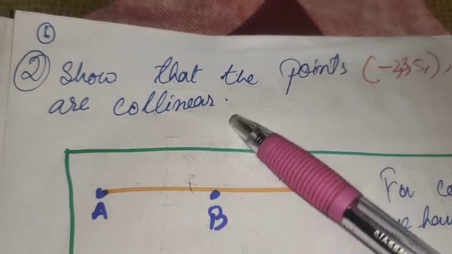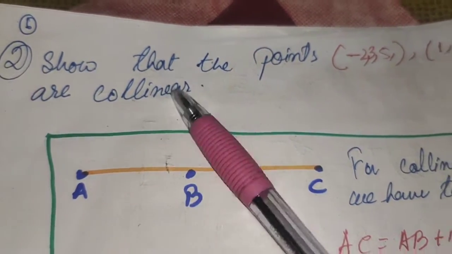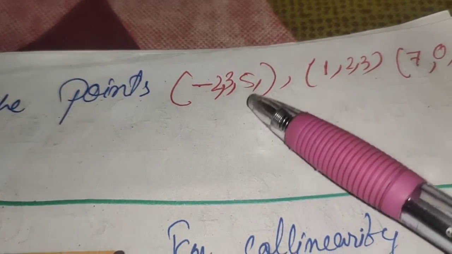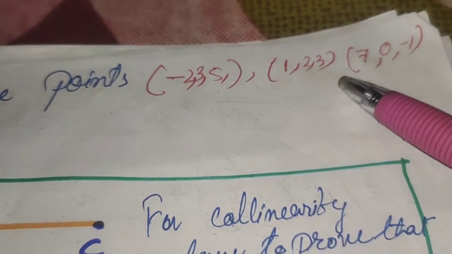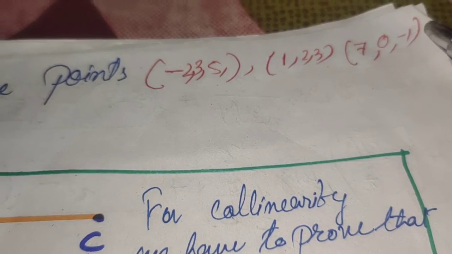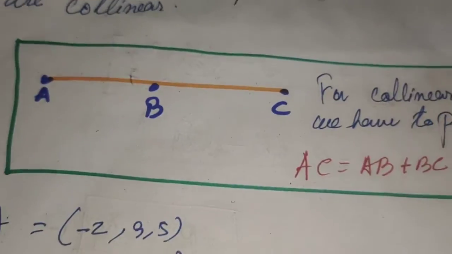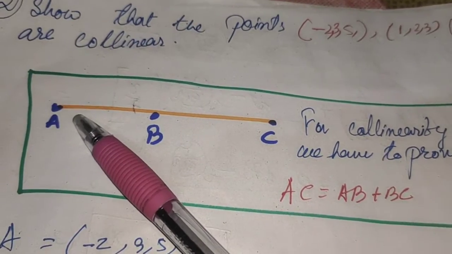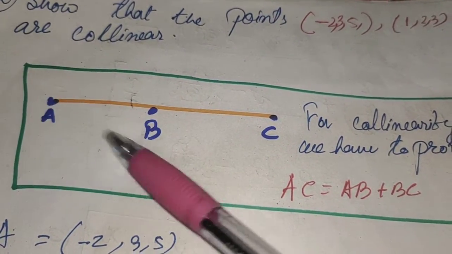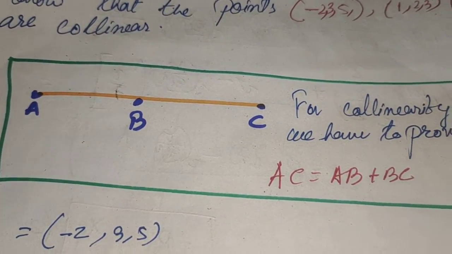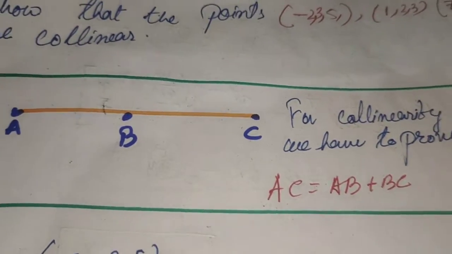Next, we discuss question number 2: show that the points A(3, -2, 3)... A(-2, 3, 5), B(1, 2, 3) and C(7, 0, -1) are collinear. Collinearity means that when three points are on the same line, they are known as collinear points.